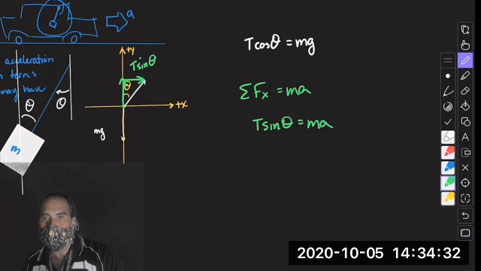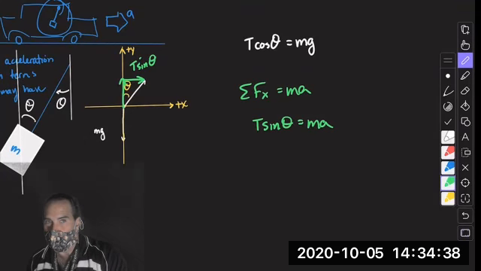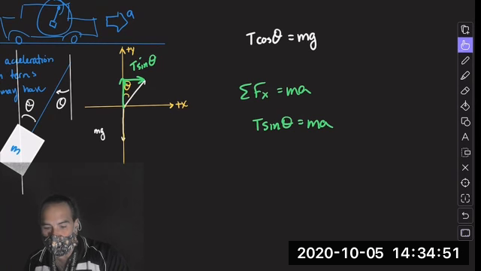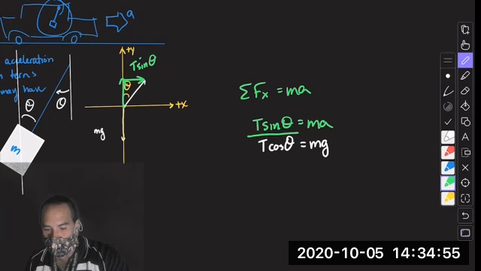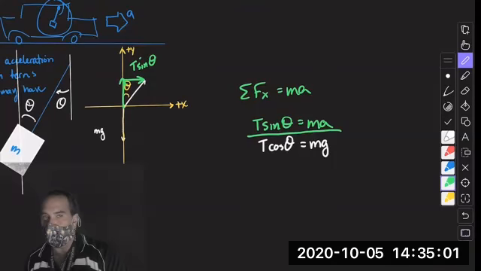Now, I have two equations that both have two unknowns, theta and T. Need to get rid of it. So you can solve for T in one and plug it into the other. That's not how I'm going to do it, though. I'm going to divide the two equations. Or you can divide the same thing on both sides of an equation.